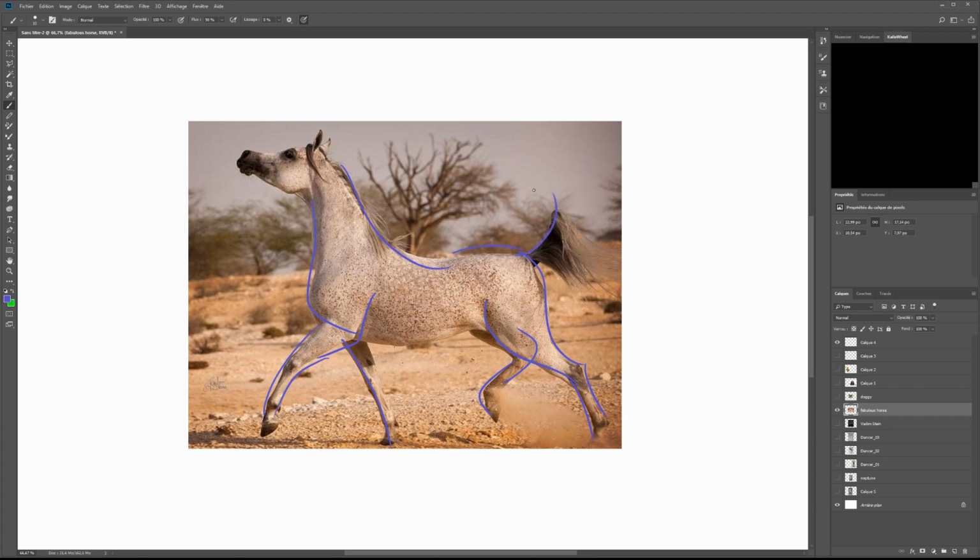So as you can see, it's the same principle as for humans: curves and curves and curves again and again. Using these curves, you're really gonna add life to your sculpts.